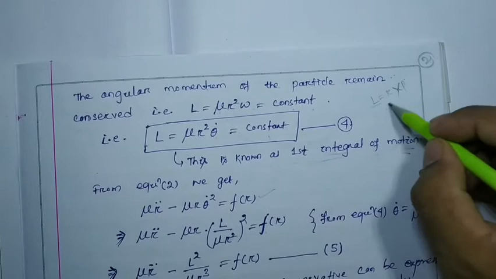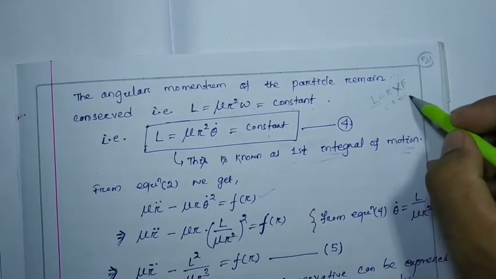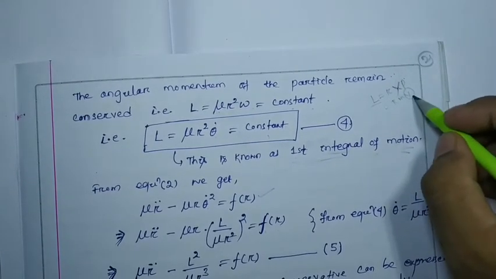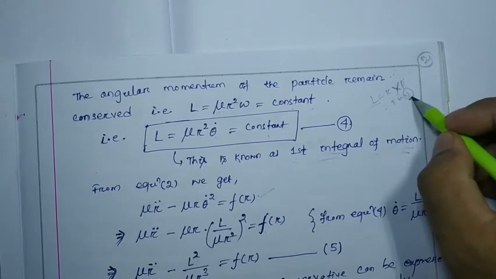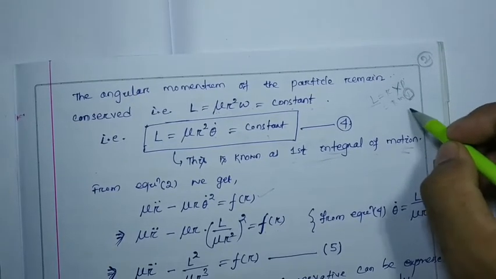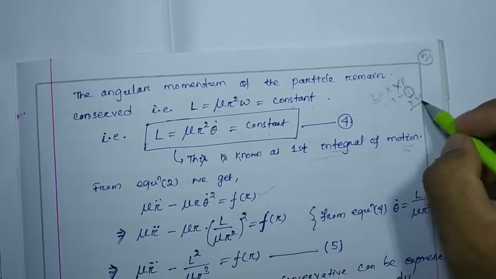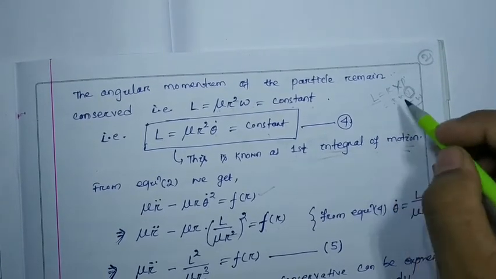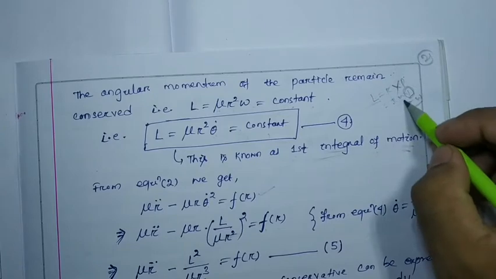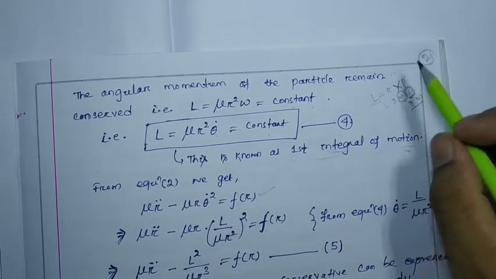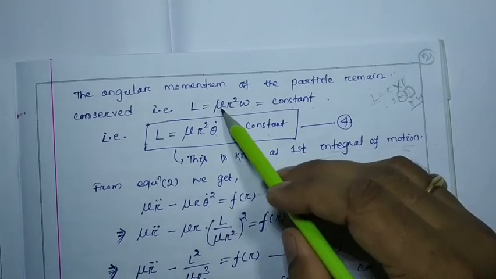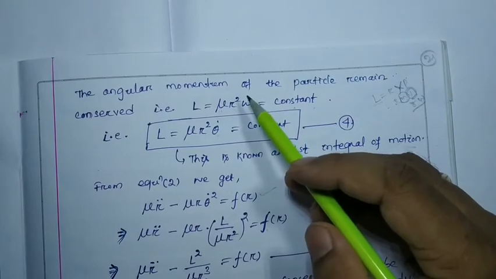So it will be r into m into v in circular motion. It will be angular motion, where v will be r omega. So r square m omega. Here instead of m we have to consider mu.